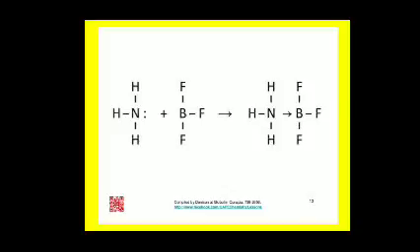Boron of boron trifluoride contains a vacant orbital in the valency orbit, so boron trifluoride acts as the acceptor. Hence, a coordinate covalent bond is formed between ammonia and boron trifluoride.